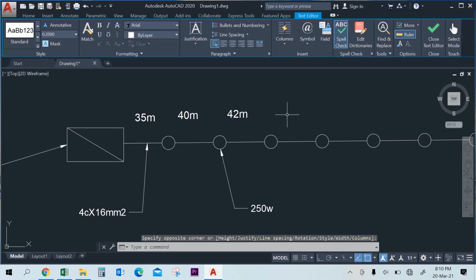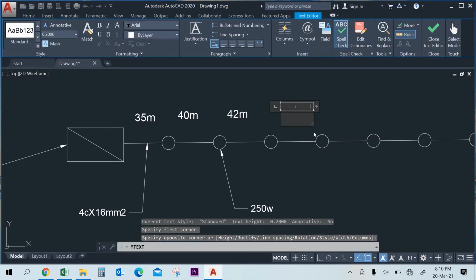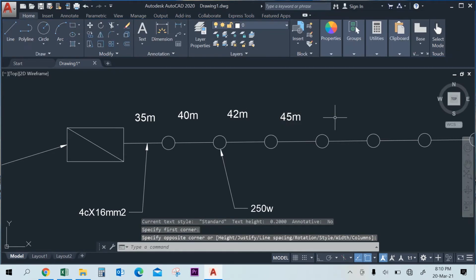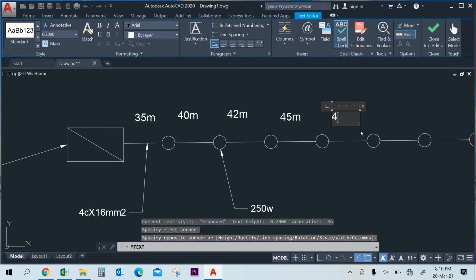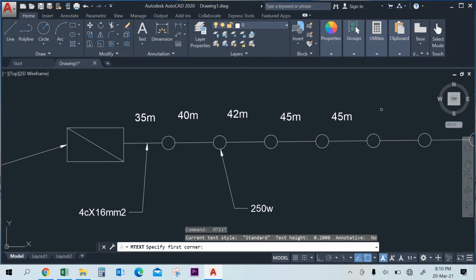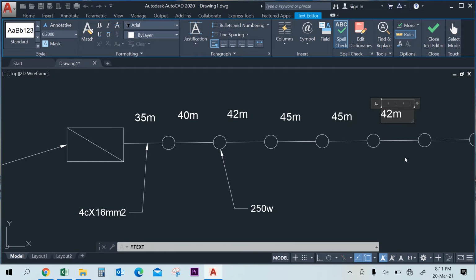Actually it depends on the client drawing and site condition. 45 meter. And also 45 meter. Here I mentioned, you can mention any number like 42 meter, doesn't matter.